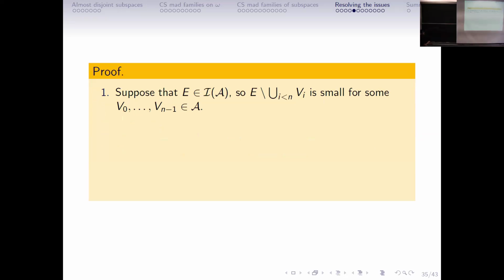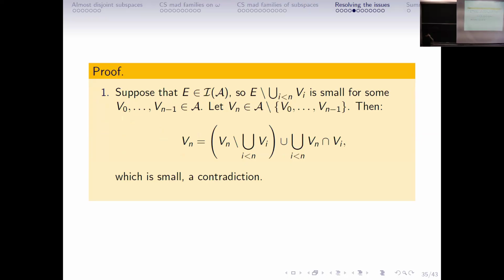If E can be almost covered by finitely many elements of A, let's say V0 to Vn minus 1, then I'm going to take another V, let's call it Vn, that is different from all these Vi's. All these sets are small, right?